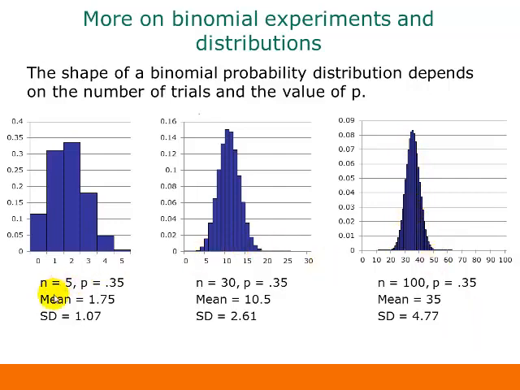And remember, when we're calculating this mean, the mean for a binomial distribution is just n times p. So as we increase our number of trials, then our mean is going to increase. So it went here from 1.75, which is a little bit to the left of the middle of this graph. Here it's 10.5, which again is a little bit to the left of the center of the graph. And here it's 35, which is also a little bit to the left of the center of this graph, which would be 50.